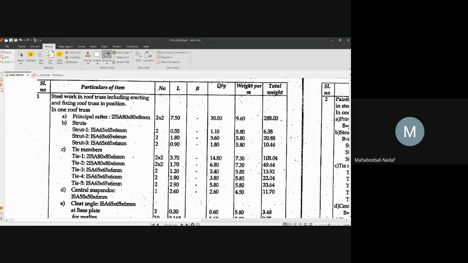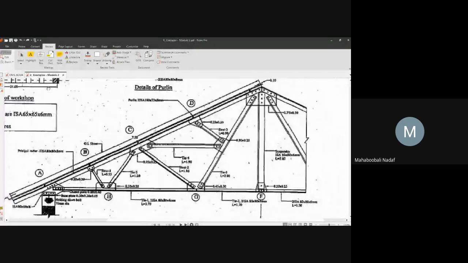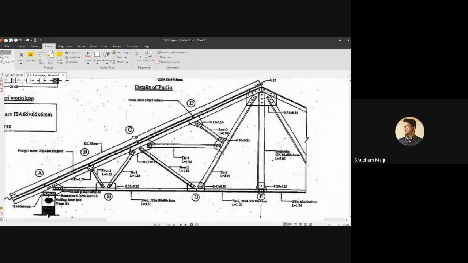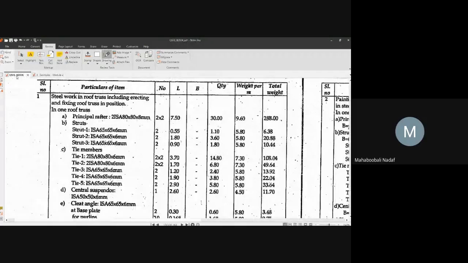Now from here like this we can switch easily. Is that okay? Like this we can go. Whether it is visible, switching the PDF like this. Yes, sir. Okay. Very good. Now see here.